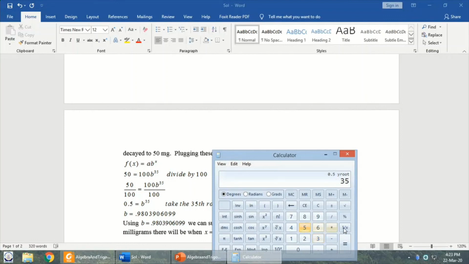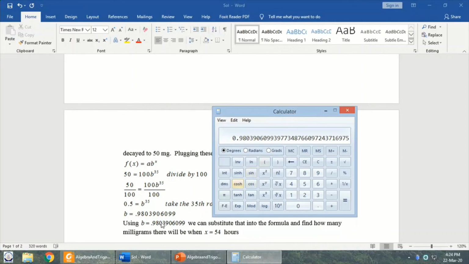Maybe 0.9803, 9060. So you can see that the answer is the same. So what you can do is just simply 0.5 to the power 1 by 35. So just have 0.5 again, use the x-th root of y key, and then press the value 35, that is the nth root, basically the 35th root.